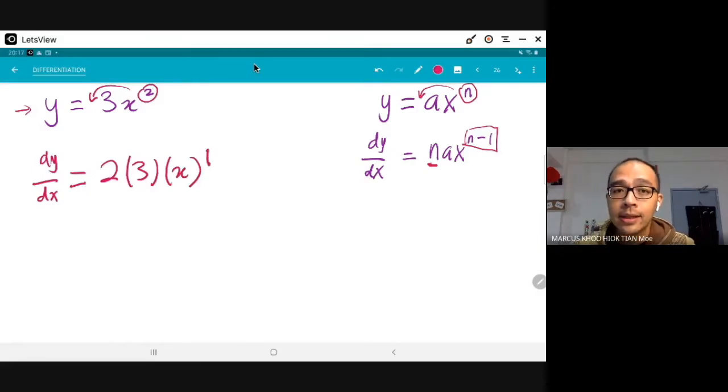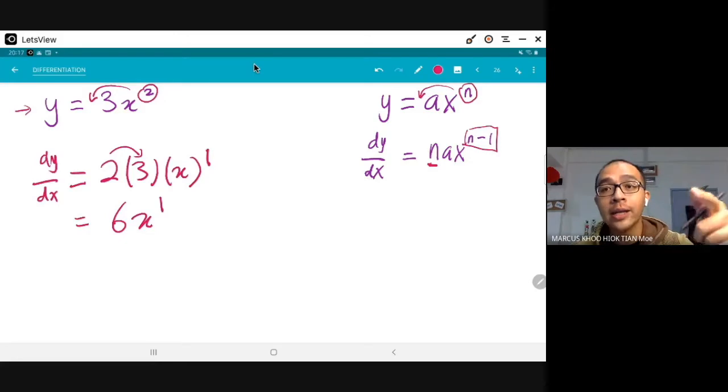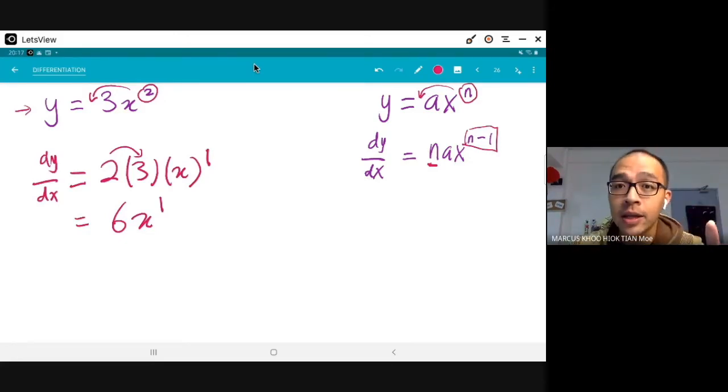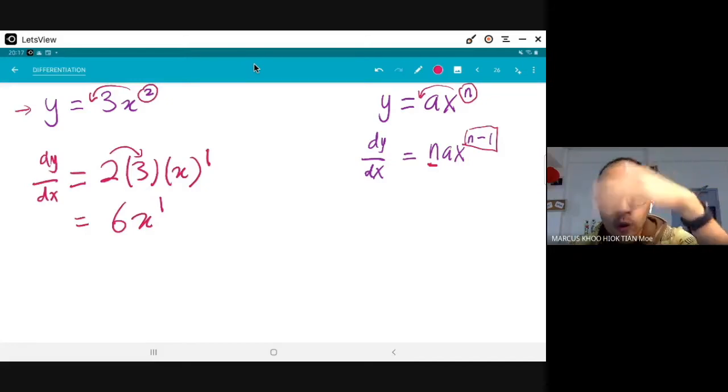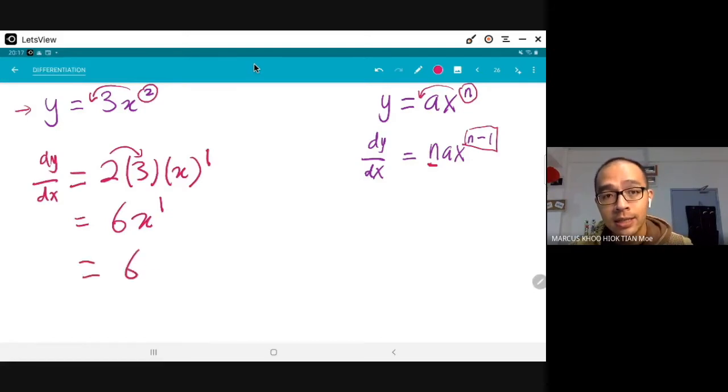Do you see that? The 2 you bring forward and then you multiply. So 2 times 3 will be 6, x to the power of 1. That power of 2 goes down one power to become 1. And that's the shortcut method. We bring the power down to the front one time, and one time we subtract 1. But actually 6x to the power of 1 is just 6x.